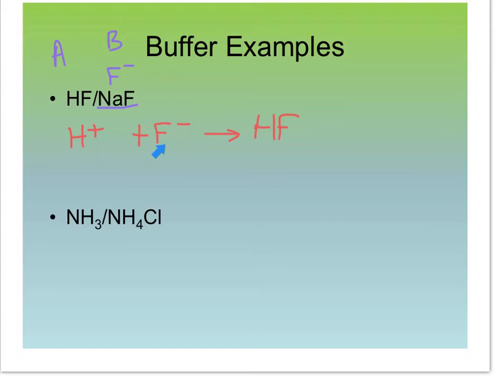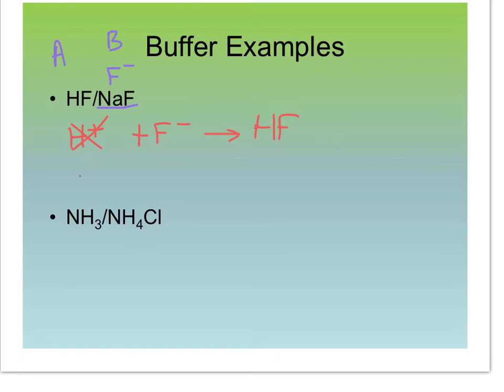So I'm going to use some of this up, but not all of it, and I'm going to produce some of this. What you'll have left is you don't have any more of this because it's used up, and you just have F minus and HF, which was your original buffer. Just different concentrations maybe, but you still have both components of your buffer and nothing else, and so the pH remains about the same.